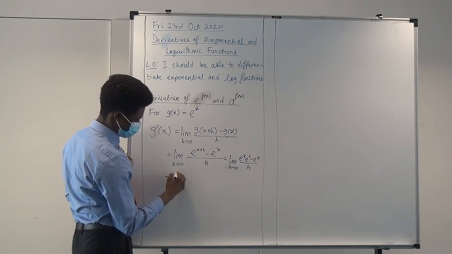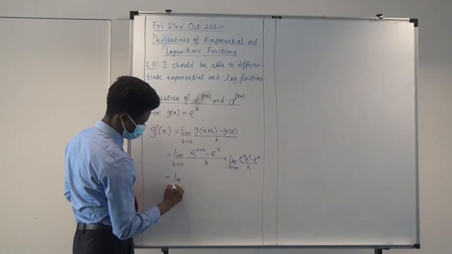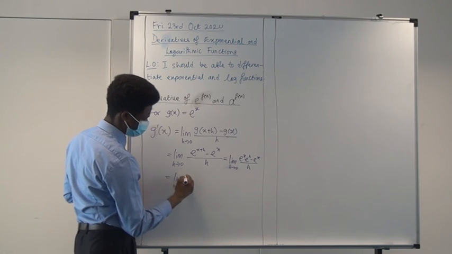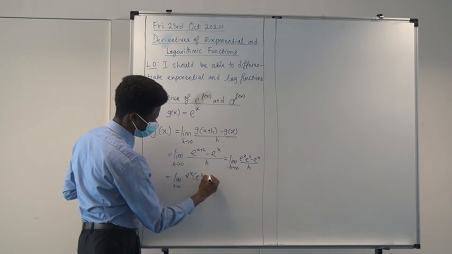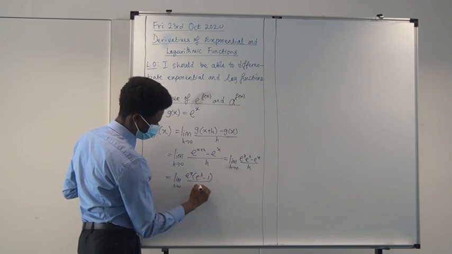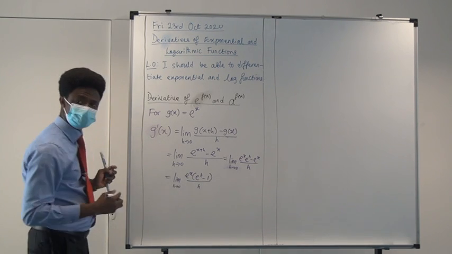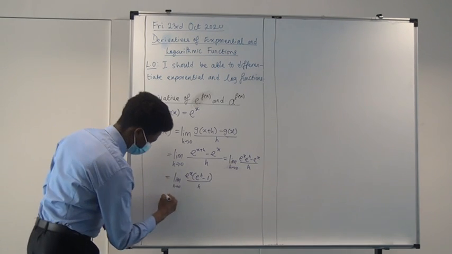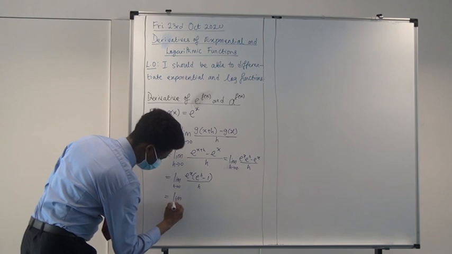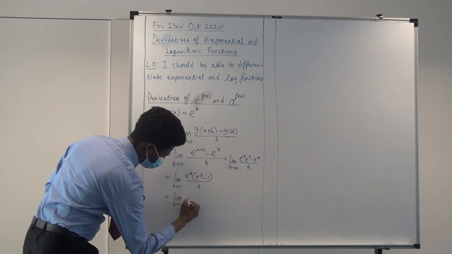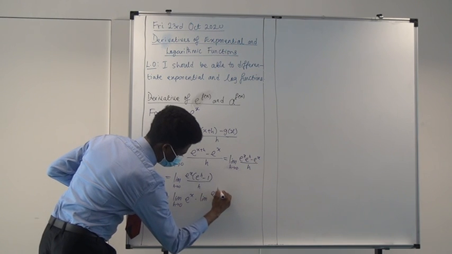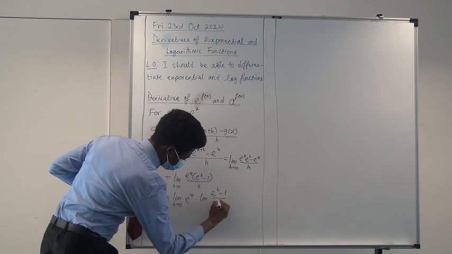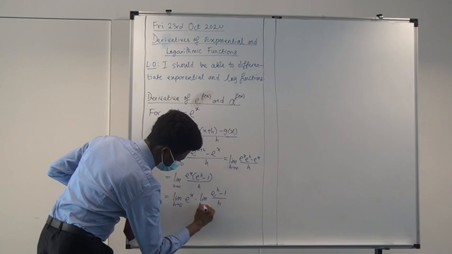Such that this is limit h tends to 0, exponential x bracket exponential h minus 1 divided by h. Yes? You can break it into two limits. Limits h tends to 0 of exponential x, times limits exponential h minus 1 divided by h as h tends to 0.